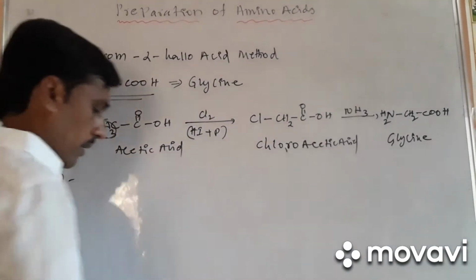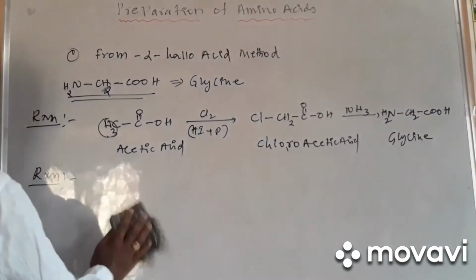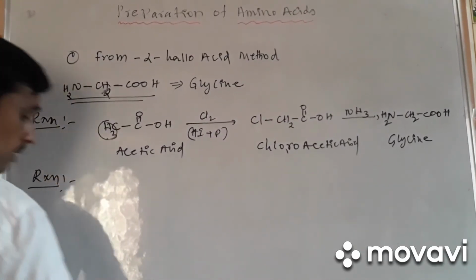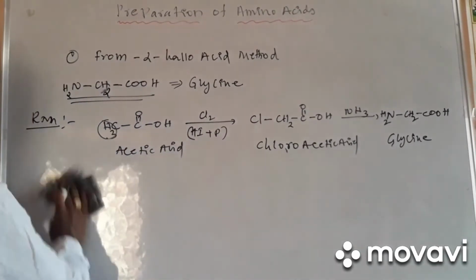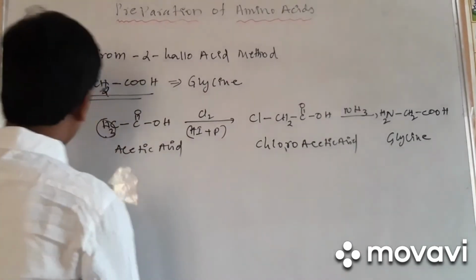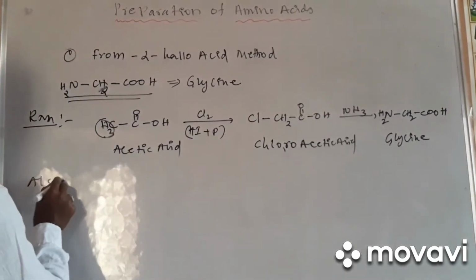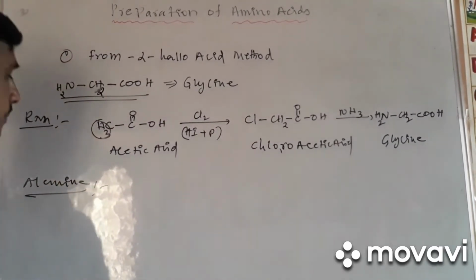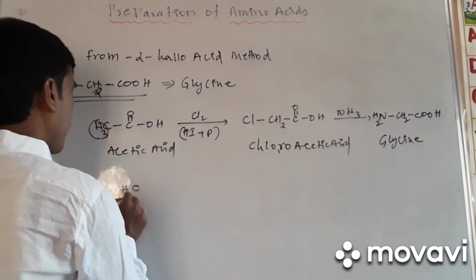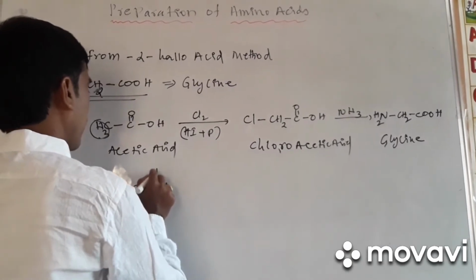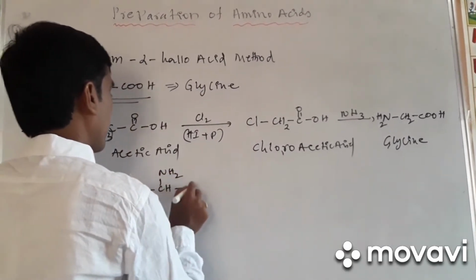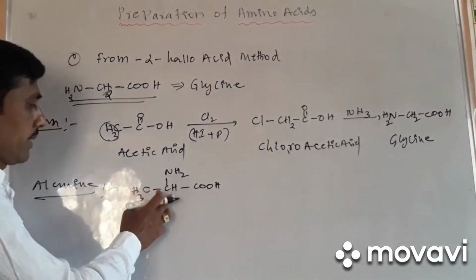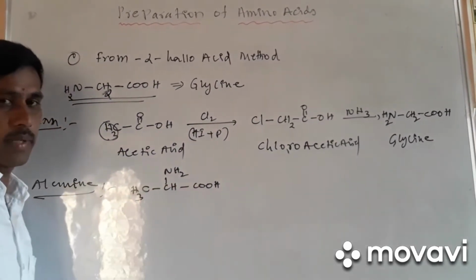Next, we prepare alanine. The formula of alanine is CH3CHNH2COOH.